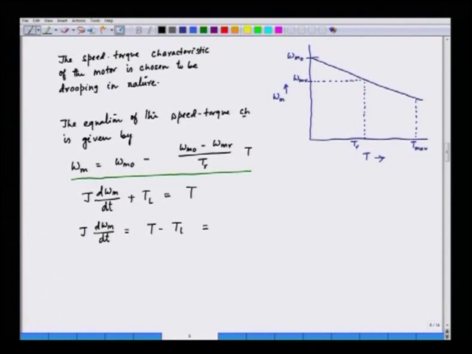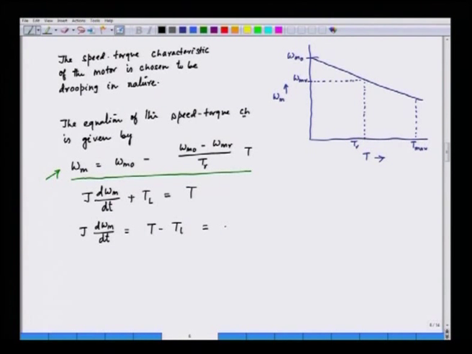We will basically differentiate this equation. So, if we differentiate this with respect to time small t, this is basically constant which will give 0, and we get the following equation.